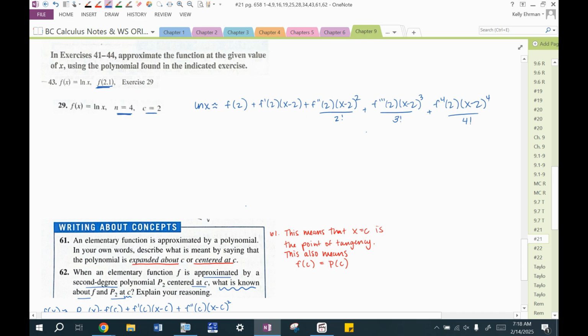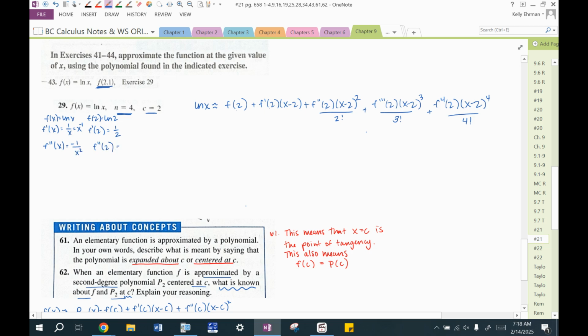All right, so now my job is to find these derivative values. So f of x is ln x, and f of 2 would just be ln 2. And f prime of x is 1 over x, and f prime of 2 would be 1/2. F double prime of x, remember this is x to the negative 1, so it would be negative 1 x to the negative 2, or negative 1 over x squared.